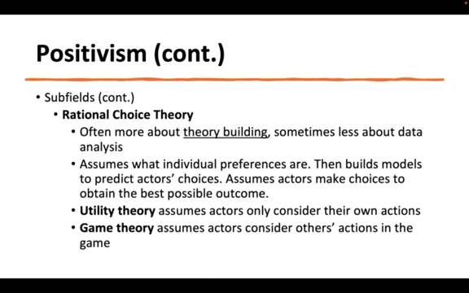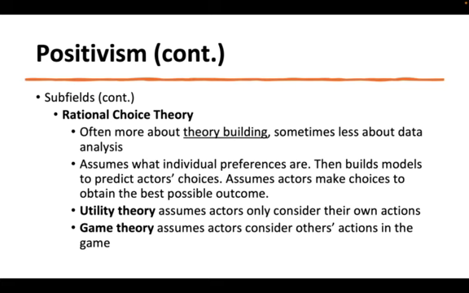In other words, what would people rather do given a certain situation? Then a rational choice theorist tries to build a type of model to predict those actors' choices. And the key assumption here is that actors make choices that allow them to obtain the best possible outcome for themselves. In other words, to obtain their preferences.